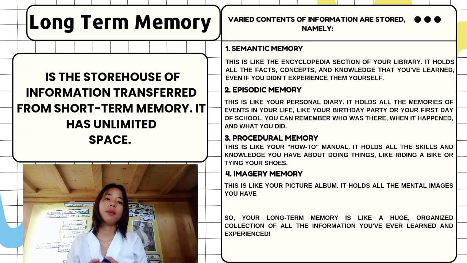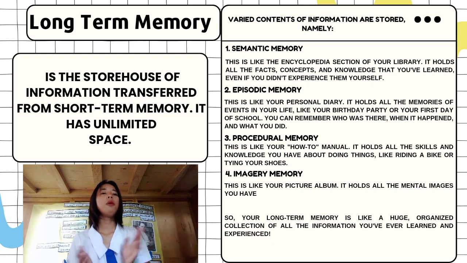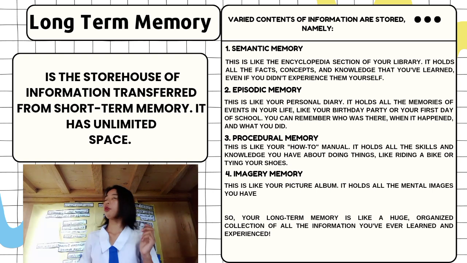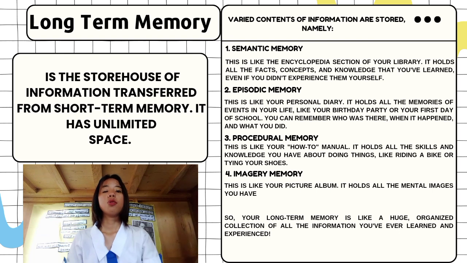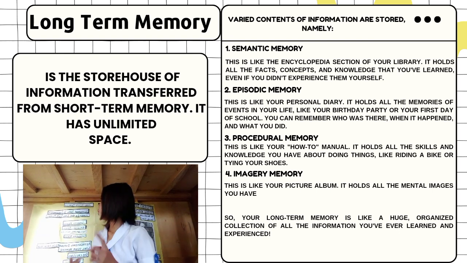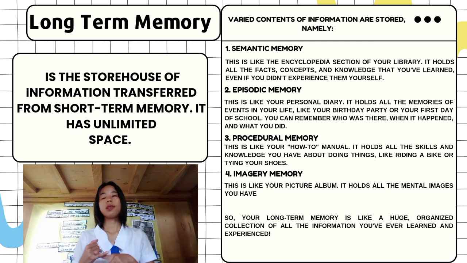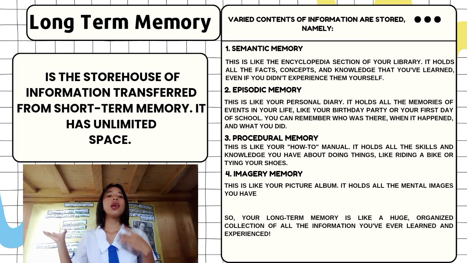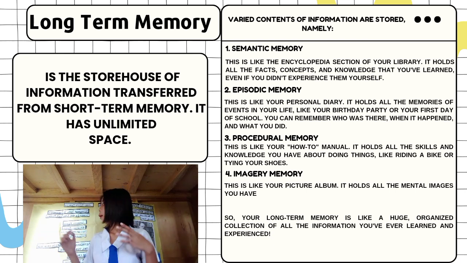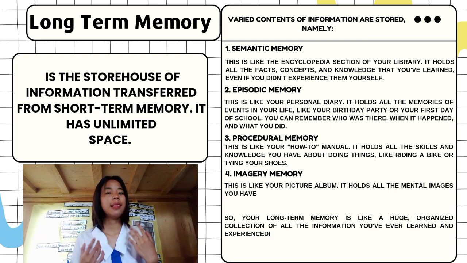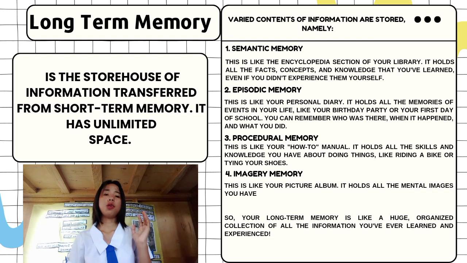Mao na ang ibig sabihin sa imagery memory. So, mao na ang different types of information stored in your long-term memory: first, semantic memory, episodic memory, procedural memory, and lastly, the imagery memory.